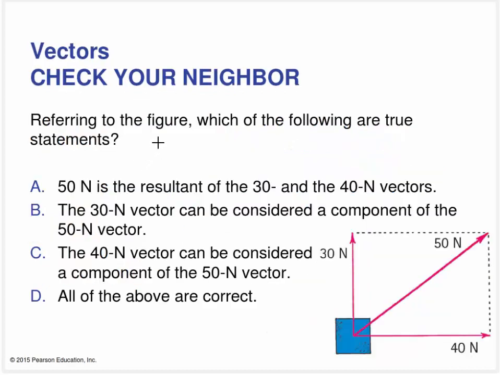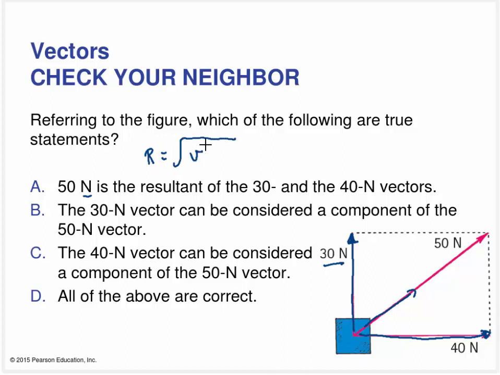Let's take a look at the following box, and it's got two forces acting on it. I know we haven't talked too much about forces yet, but forces have a unit of newtons. So this box is being yanked upwards in that direction with this amount of force, and it's being yanked this way with this amount of force. Now we know that the box is going to go off in that direction right there. Let's go ahead and calculate the resultant force.